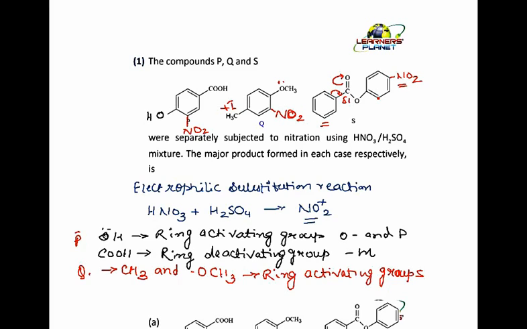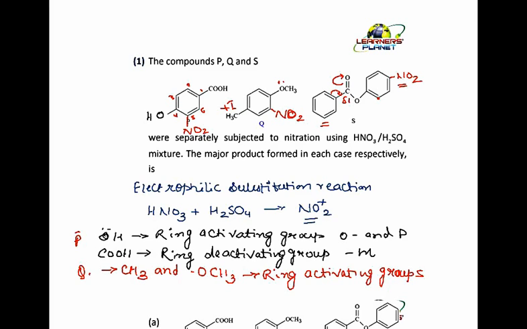So what is the name of this compound, students? Let's start numbering it, 1, 2, 3, 4, 5 and 6. The compound will be named as benzoic acid. So it is 4-hydroxy 5-nitro benzoic acid. Likewise there will be methoxy, right? And this is another group, that is COO.